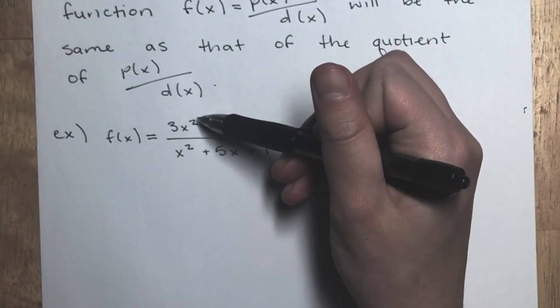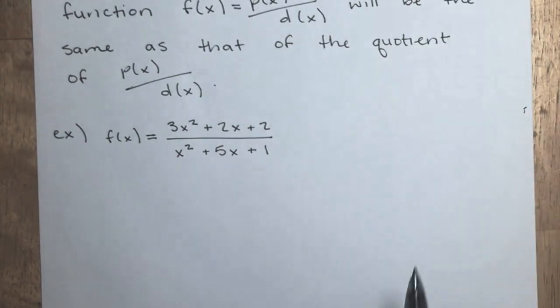We have the degree of 2 on the top and a degree of 2 on the bottom.